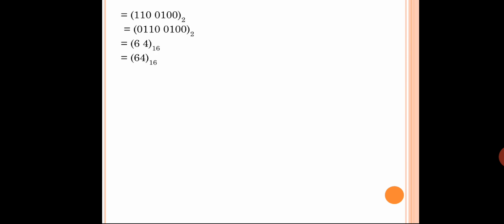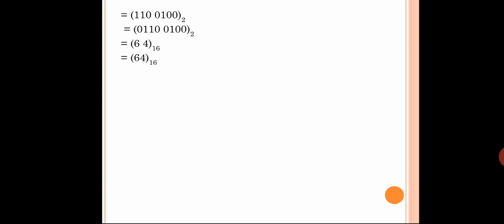So on the left-hand side you can see only 3 bits, 1 1 0. You have to add one more 0 on the left-hand side. In the second line they have added one more 0, so they got 2 separate parts, and they converted each part to the actual number.